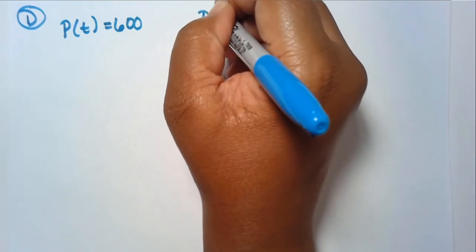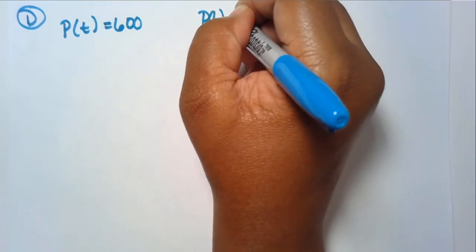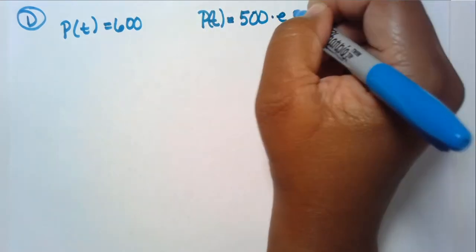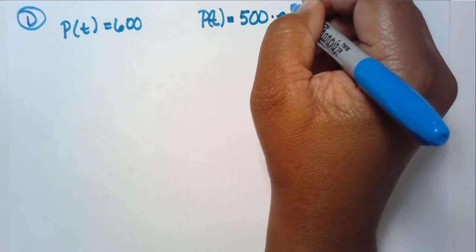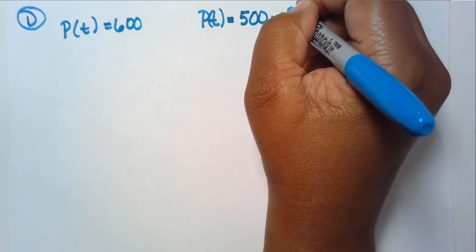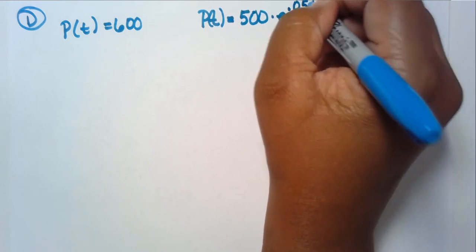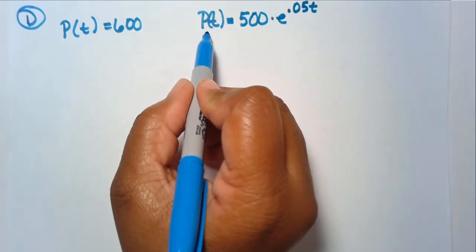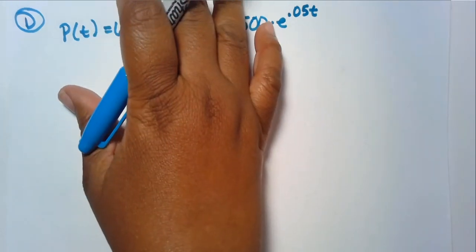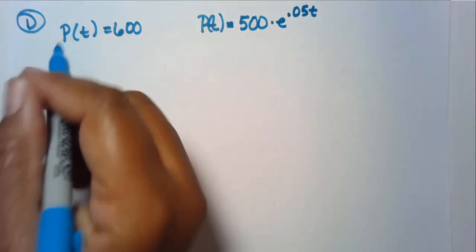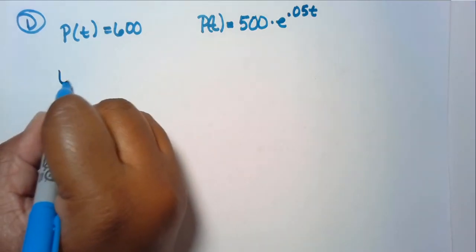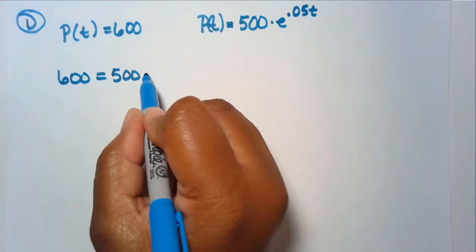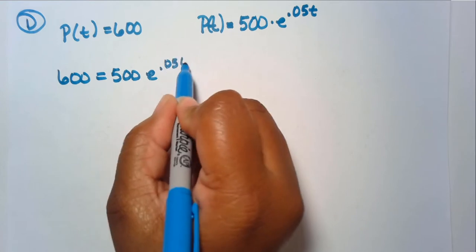P of T is equal to 500 times e to the 0.05t. So we're going to plug 600 in for P of T, and we want to find the time, the day or days. So we have 600 is equal to 500 times e to the 0.05t.